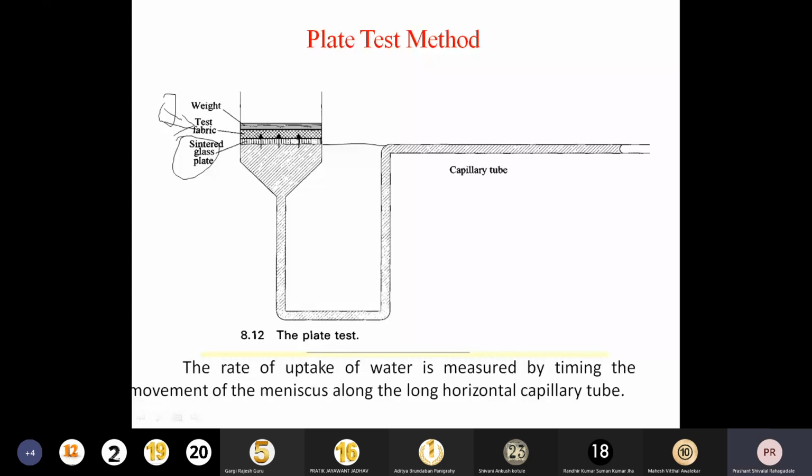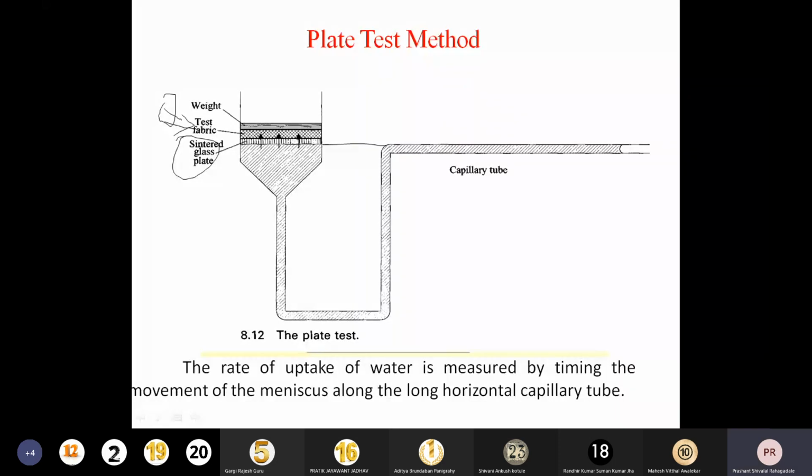So the rate of uptake of water is measured now. What will we do now? We have to measure the rate at which the water will be absorbed, or the rate at which the water will be taken by the fabric. So we call it the rate of uptake of the water. It will be measured by the time required here.